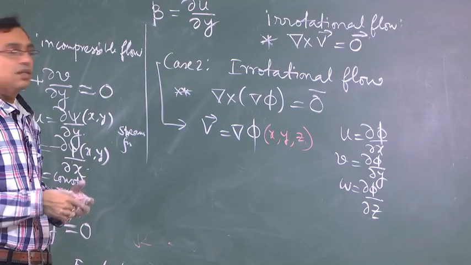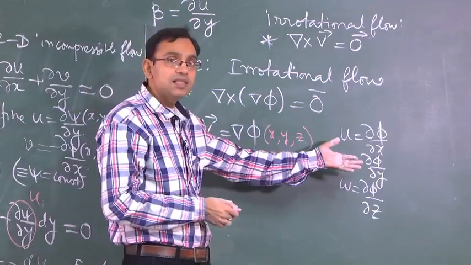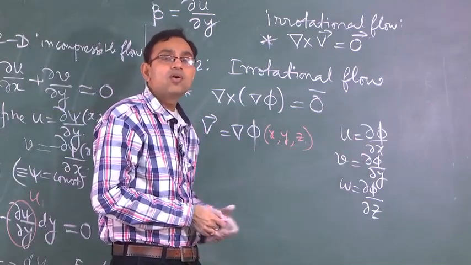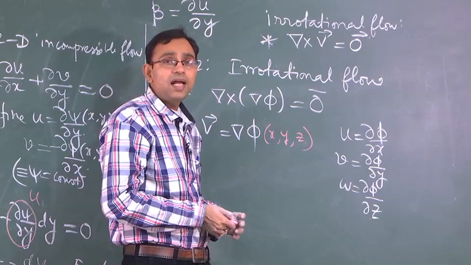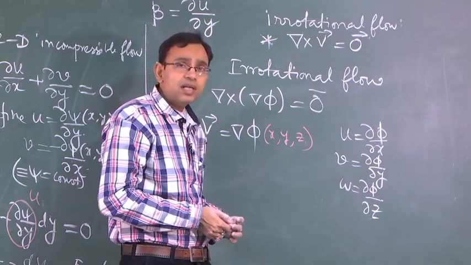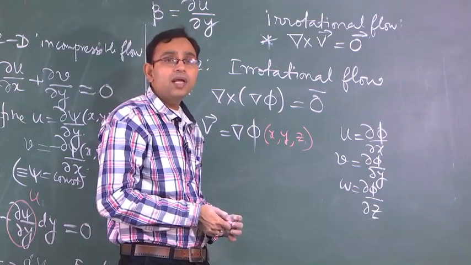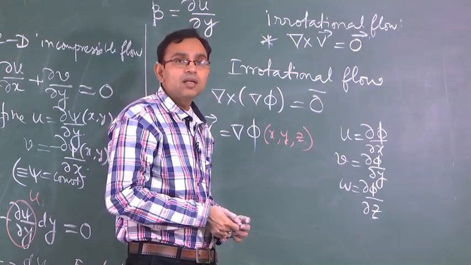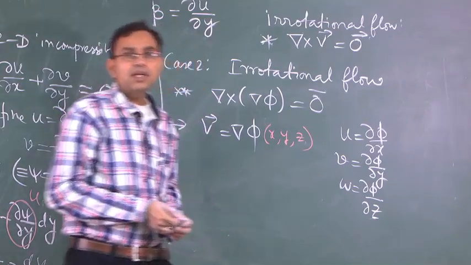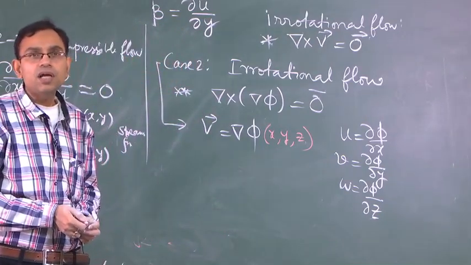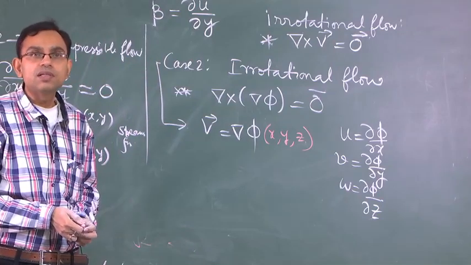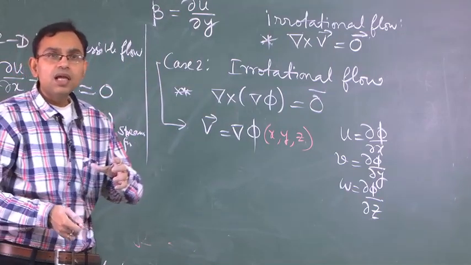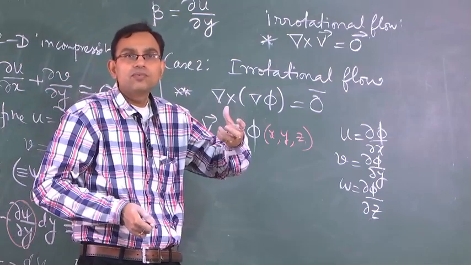This is defined, or exists, only if the flow is irrotational, and an irrotational flow will remain irrotational forever if certain effects are absent, and one such effect is viscosity, because viscosity can bring rotationality in the flow.